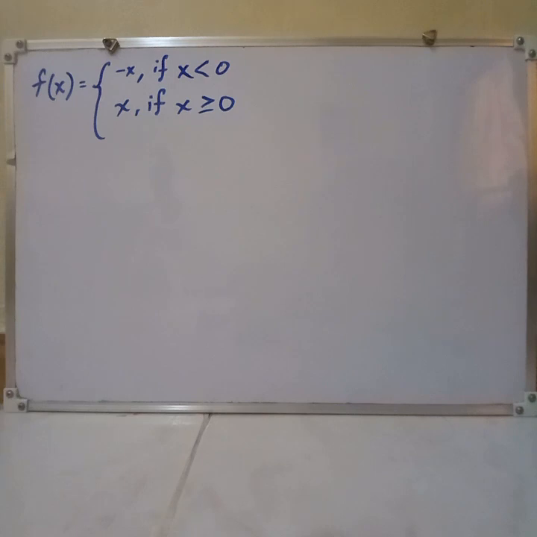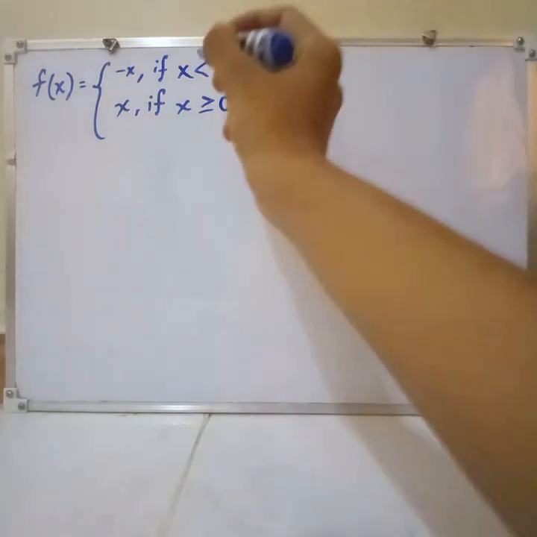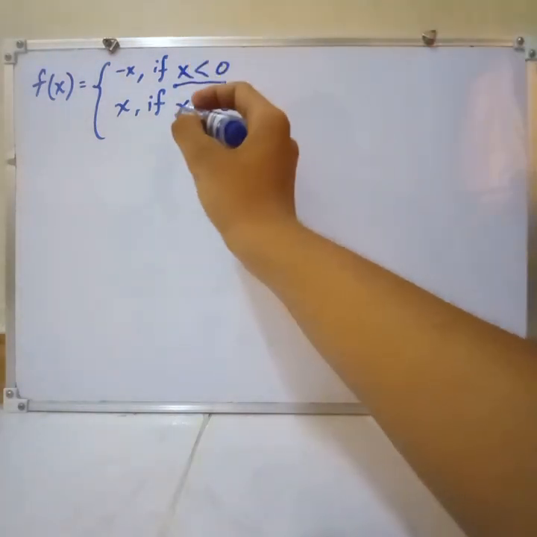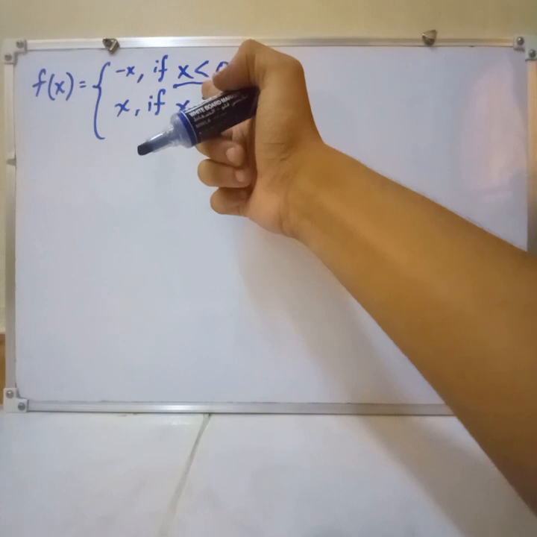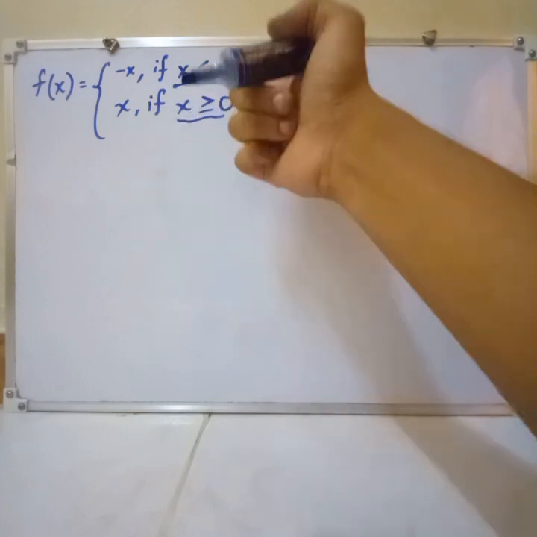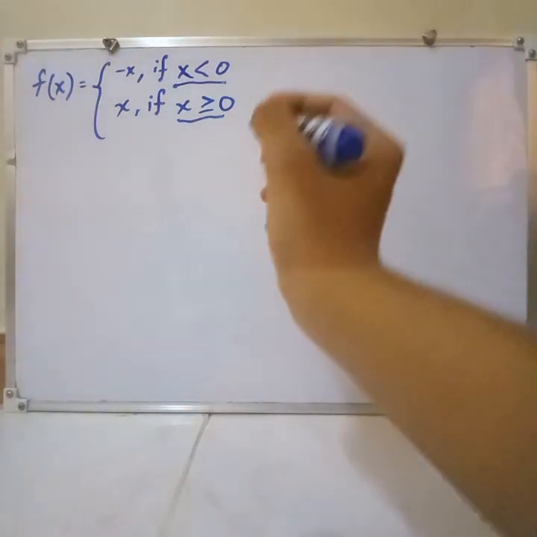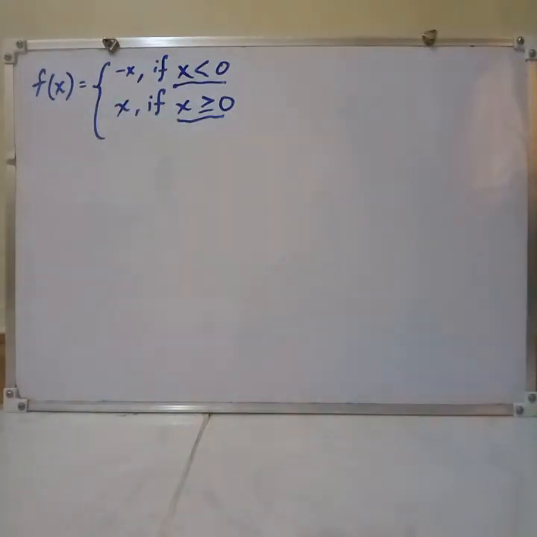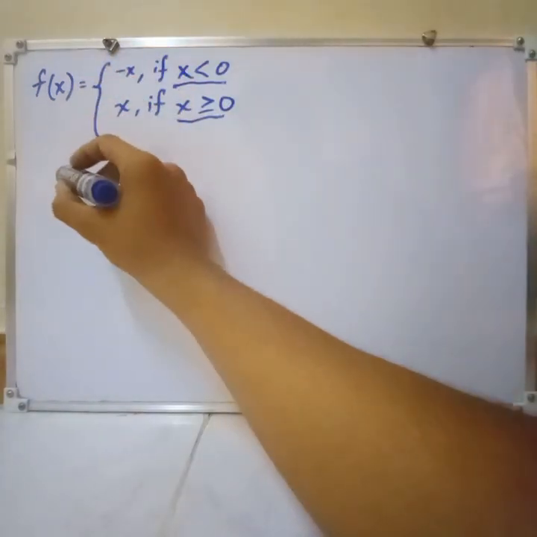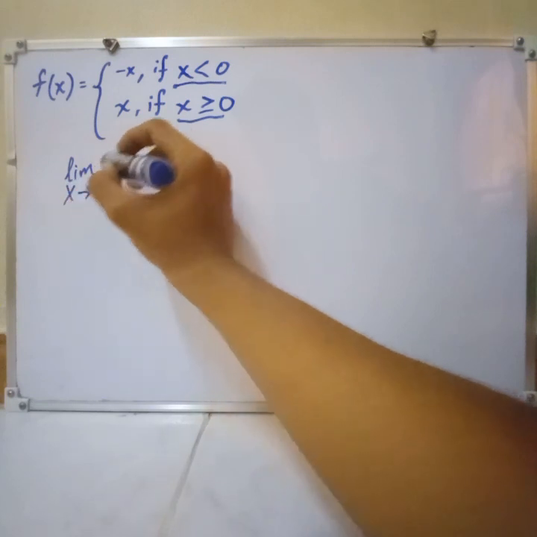So we are having a question here and we have to check if the function is continuous or not. If you check here, we have to check at the point 0, right? Because we are having x less than 0 and x greater than or equal to 0. So at 0 the function is becoming different, so we have to check at the point 0, and the rest of the points it will be continuous only. So first of all we have to take limit x tends to 0 f of x.